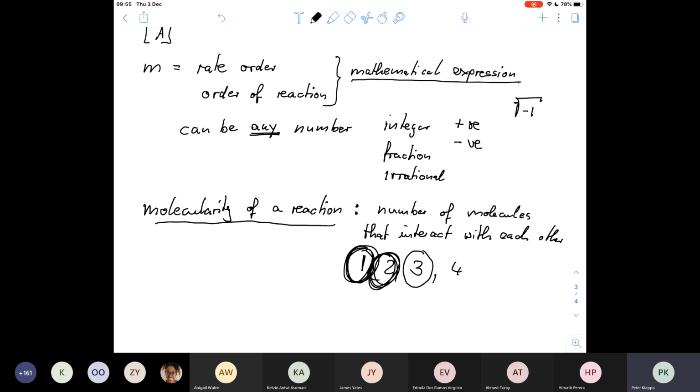And it must be whole numbers for the molecularity because it tells you the number of molecules. You can't have half a molecule, right? It has to be a whole number for the molecularity of a reaction. On the other hand, when we are talking about m, the order of the reaction, again, let's have a look. Can it be 1? We are now talking just exclusively about m. Can it be 1?